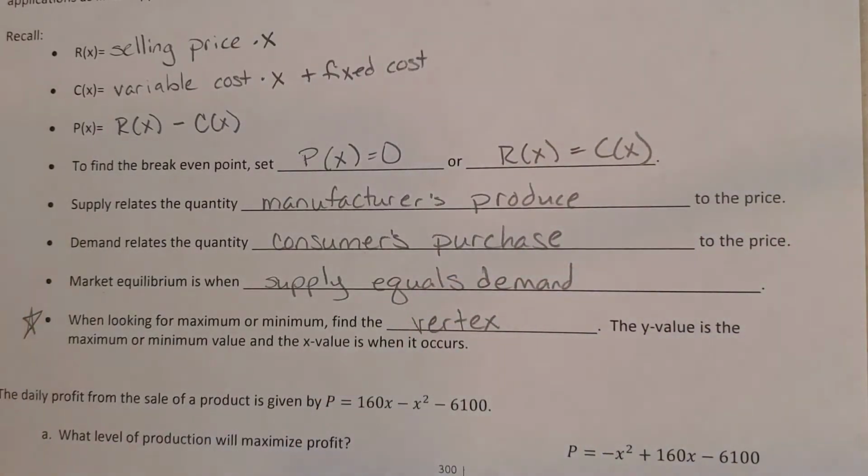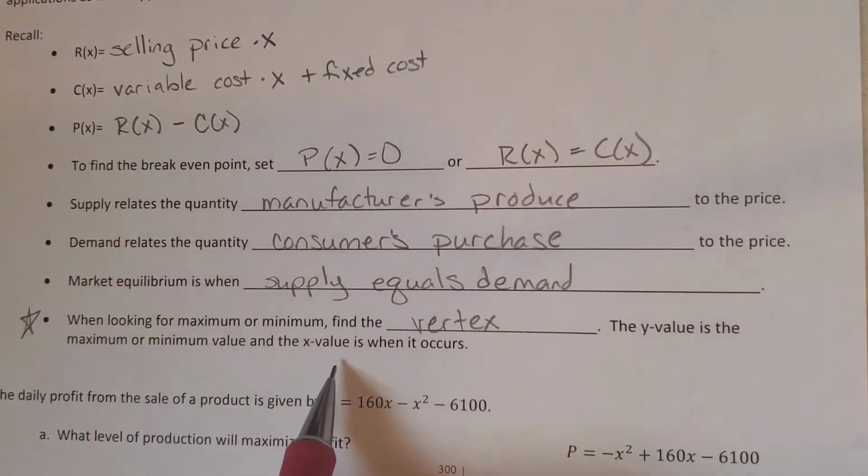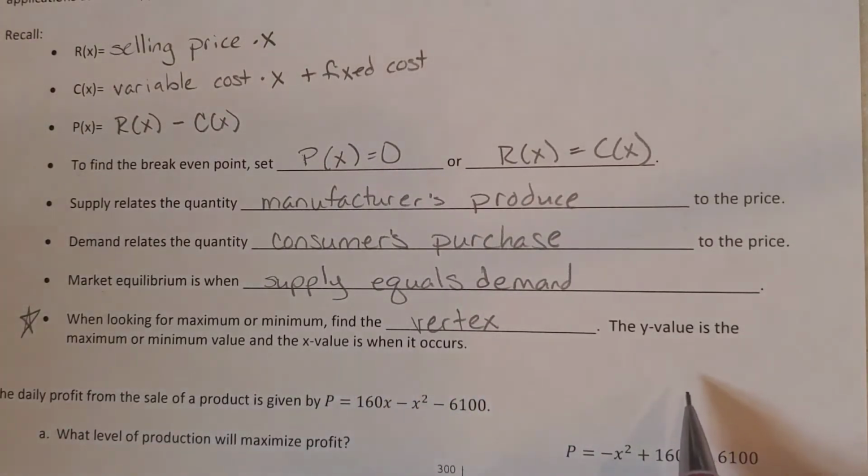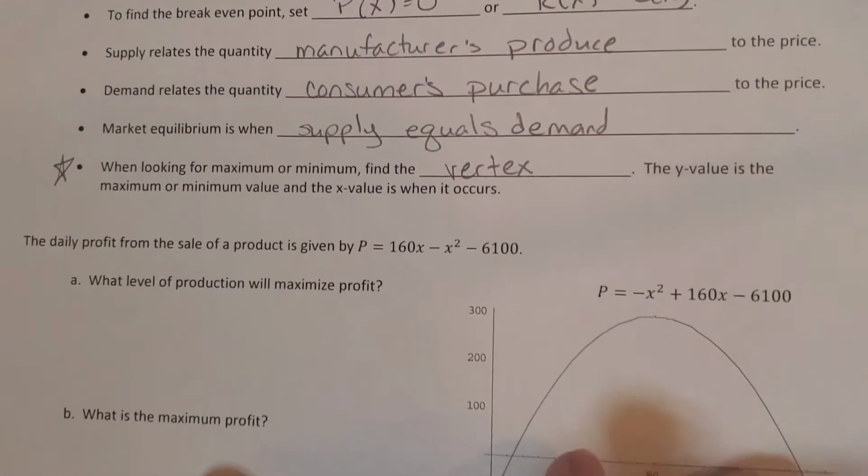And to find the vertex, we use x equals negative b over 2a to find the x coordinate, and then we plug that in to find the y coordinate. The y value is the actual maximum or minimum value, where the x value is when it occurs. So the x tells us when that max or min occurs, and the y tells us what the max or min is. So here's a couple of examples.